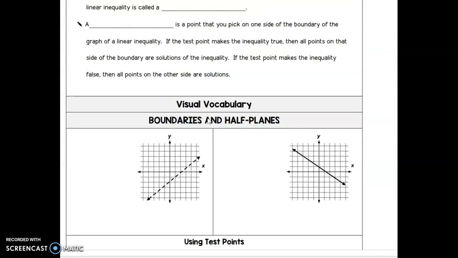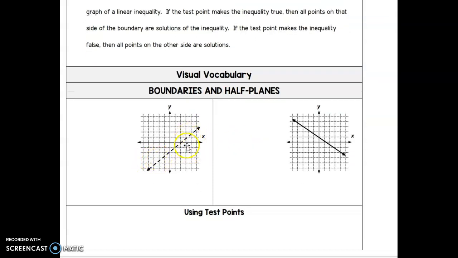Okay. So let's do some visual boundary problems here. When we have a dotted line, that means your inequality sign is going to be either this symbol or this symbol. When you have a solid line, you have the equals to with it. So that's your symbols with your dotted and your closed lines.